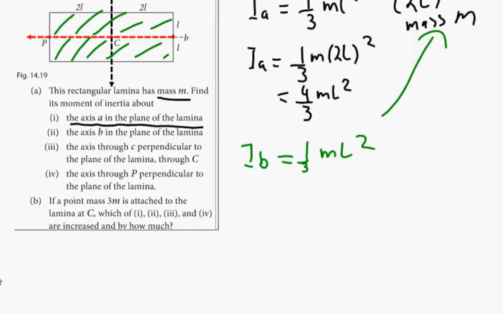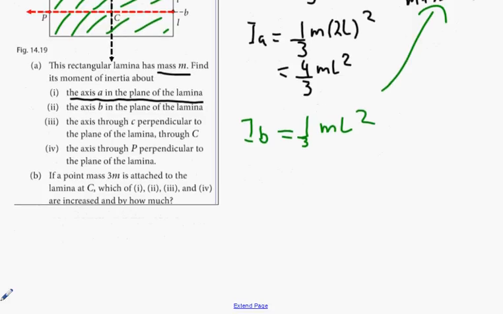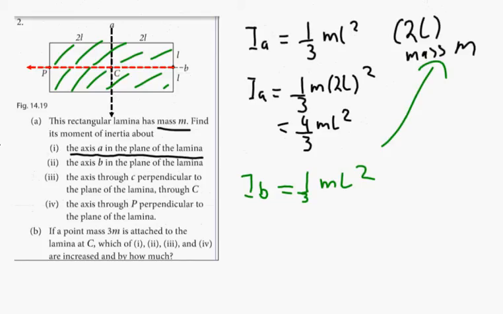Alright. Now, they want the axis through both of them perpendicular to the plane of the lamina. So originally, one of them's flipping this way, the other one's flipping this way, but between the two of them, there's a perpendicular one that's going to cause it to do that. Does everybody agree? So guys, there's a perpendicular axis going through this point here, and it's going into the board, causing it to rotate around this axis.